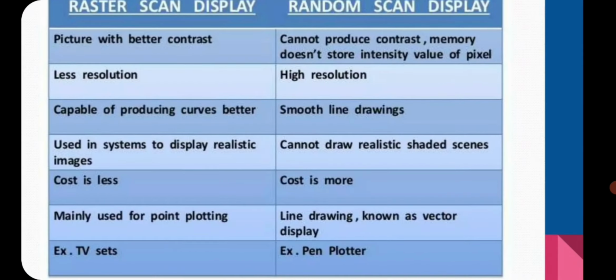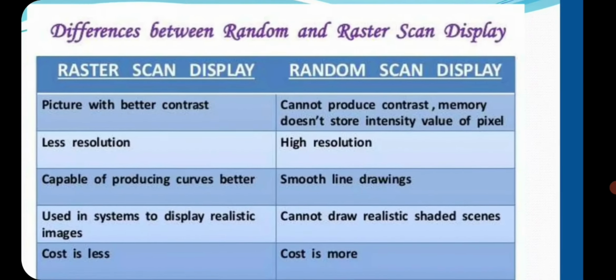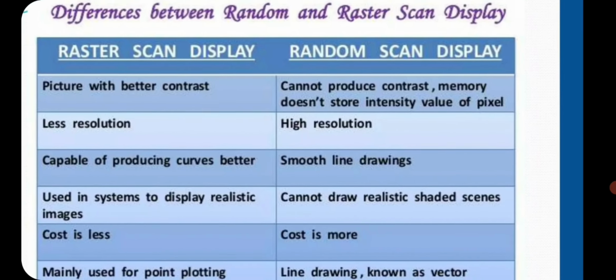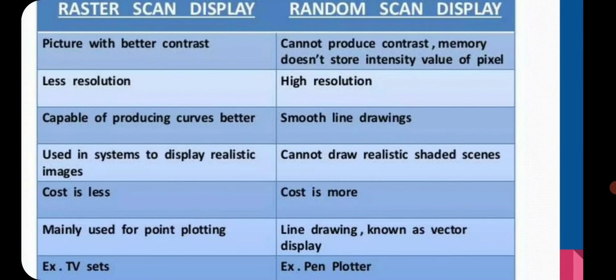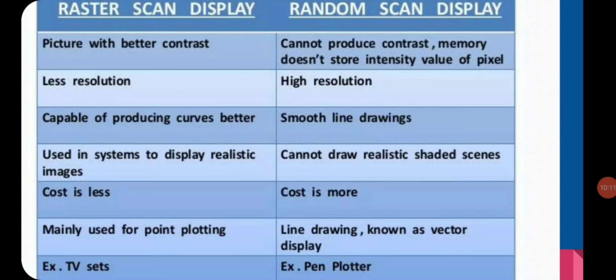Let us see the differences between the random scan display and the raster scan display. The raster scan display has a picture with better contrast, whereas the random scan display cannot produce contrast. Memory doesn't store intensity values of the picture in random scan. In raster scan, intensity values are stored, so we are able to draw contrast pictures. But in random scan, it is not possible to draw the intensity, that is, contrast pictures.